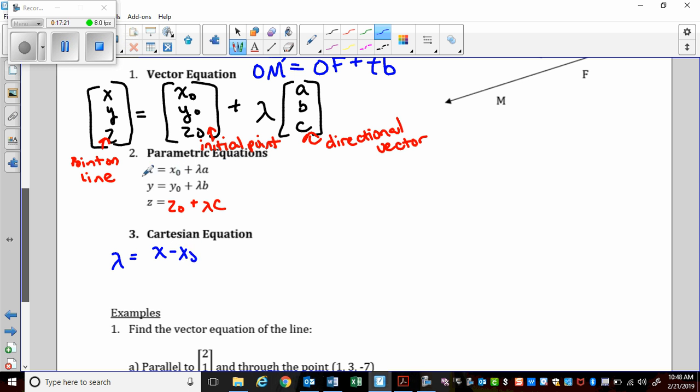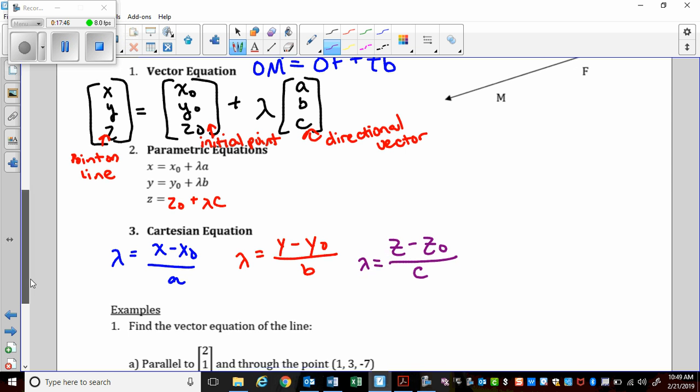We have to move this over, so we subtract it, and then we divide by A. We're going to do the same thing for the other ones: y minus y naught divided by B, and z minus z naught divided by C. Lambda equals that. Alrighty.